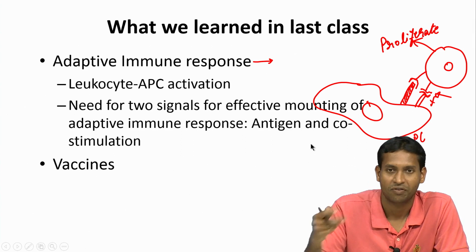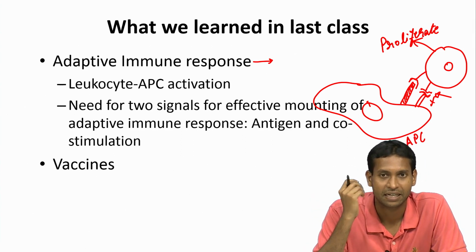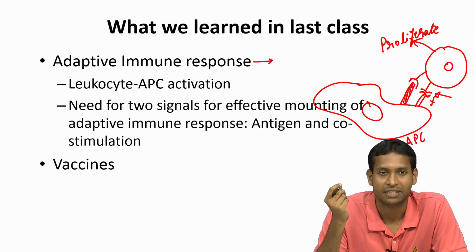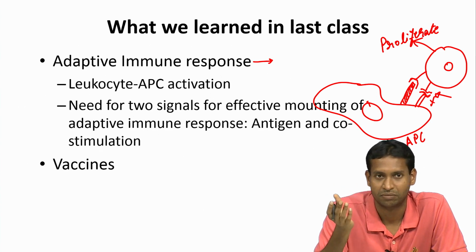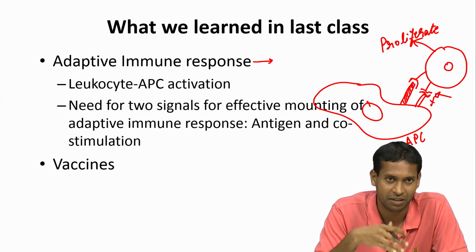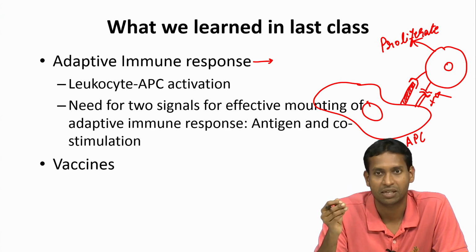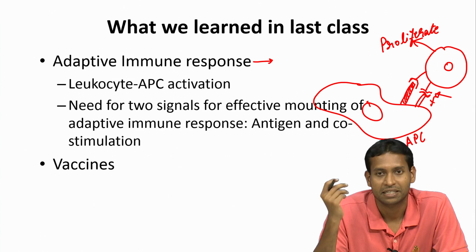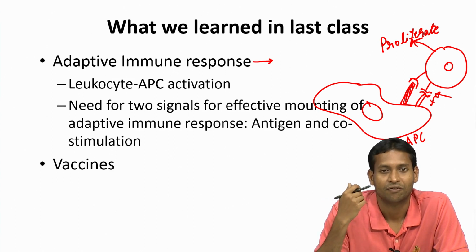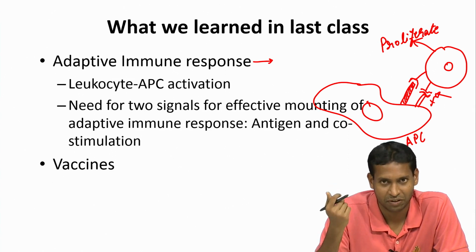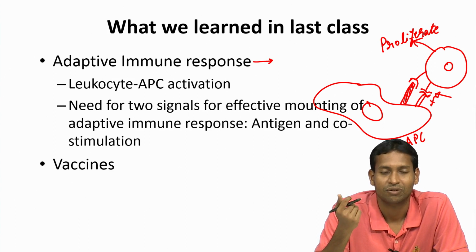Then we started a discussion on vaccines. Basically, vaccines are small units of your pathogens, or could be the full pathogen. We will talk about this today, but these are something given to teach the body that this is a pathogen, so that if the pathogen comes in future, or if it is already existing, the body can handle that.